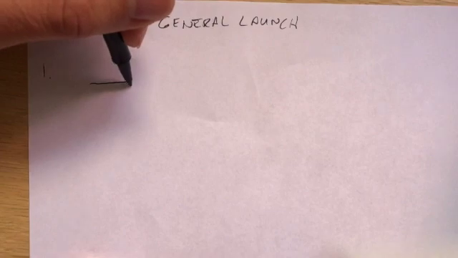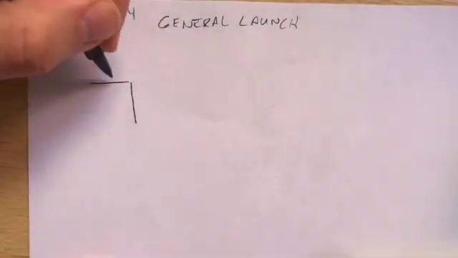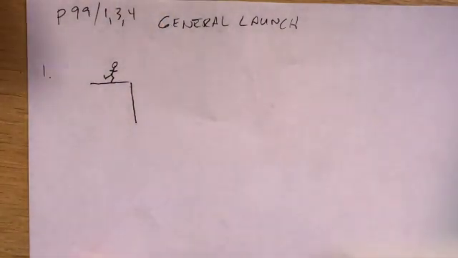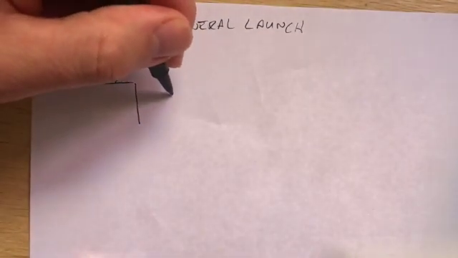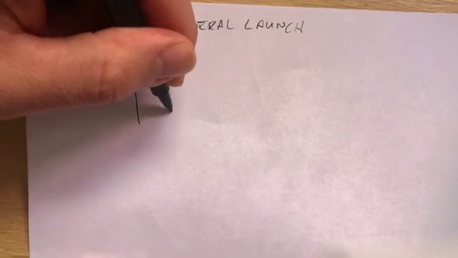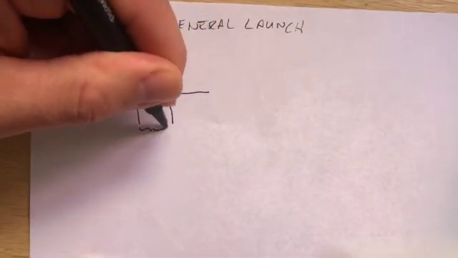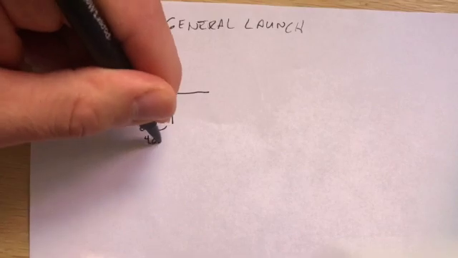The first thing is there's this building, and the criminal is running away. Then there's another building, and it says that this building is 4 meters away. So this distance is 4 meters.